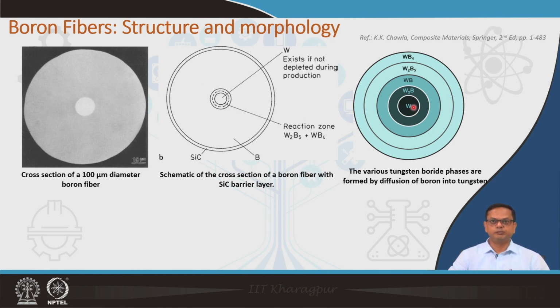Okay. Starting from tungsten to W2B to WB, it depends basically on the availability of boron. The availability of boron is maximum at the surface, where you get WB4, and then at the core you get W2B, depending upon the availability of boron.